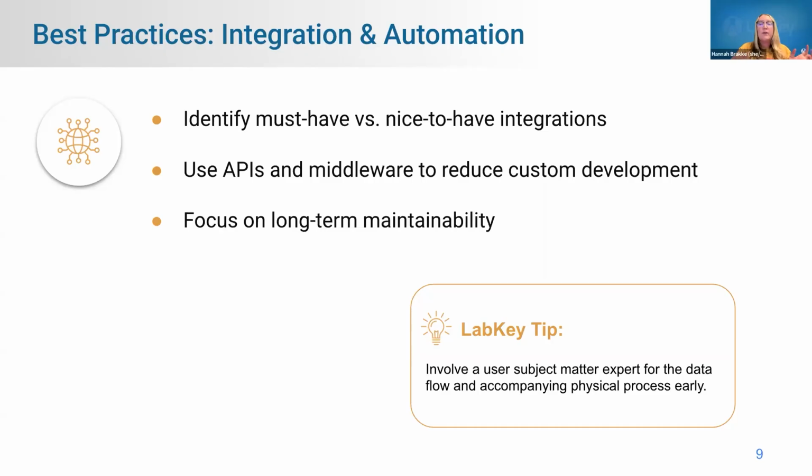And you can always patchwork those things together and then opt for that custom development later, after the LIMS has been implemented. So again, depending on if this is a must-have versus a nice-to-have, you might be able to stopgap some of these integrations prior to a full automated process.